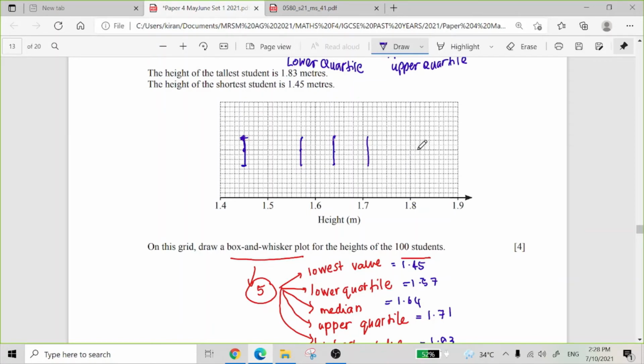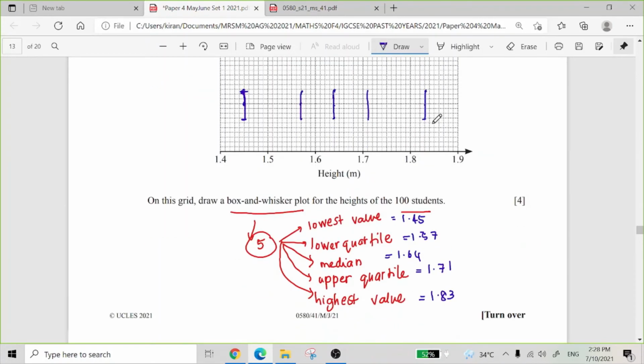So we have here the highest value, 1.83. Okay, so now it's time to draw the box. I want to redraw this part of the line, 1.71.